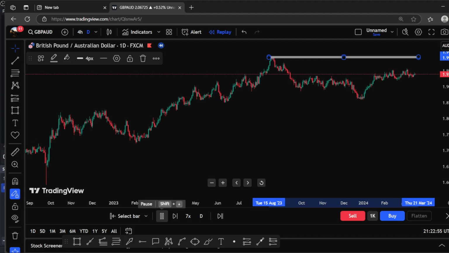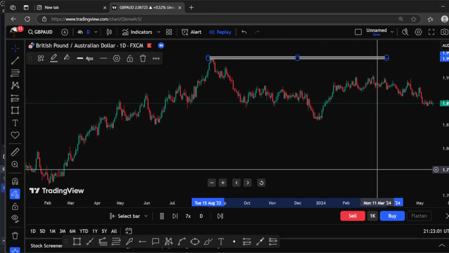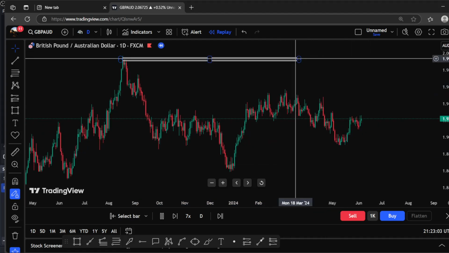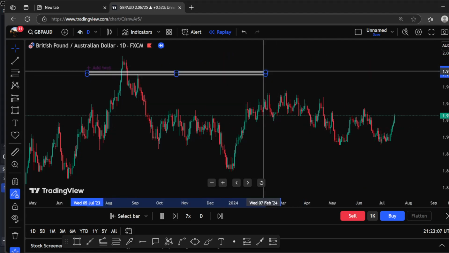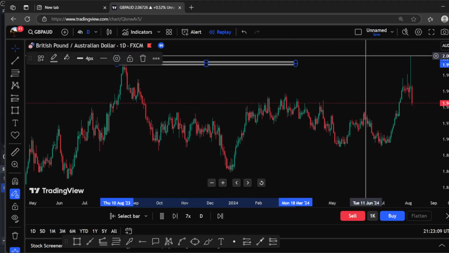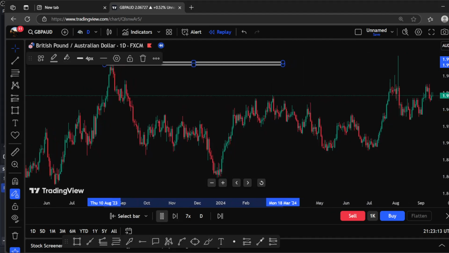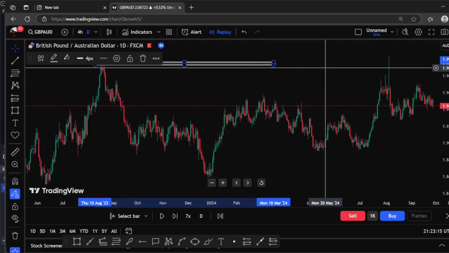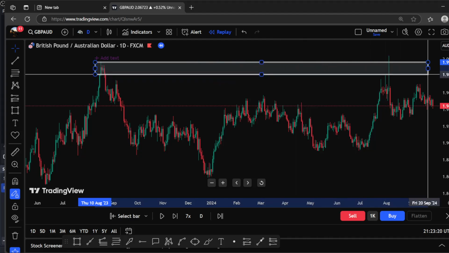Okay, so we are pushing up. So this was the area right there. So I just stopped that. Okay, so this was the area where their profit was taken.